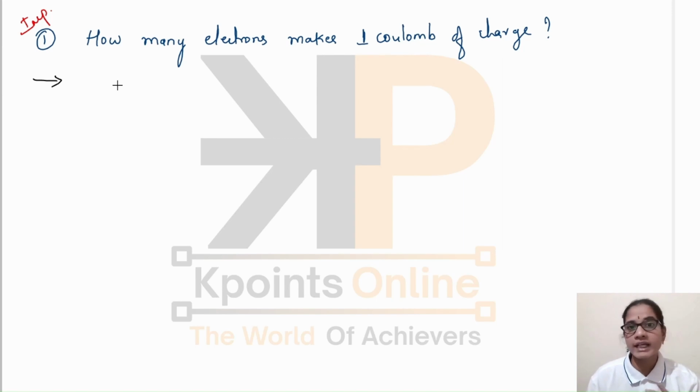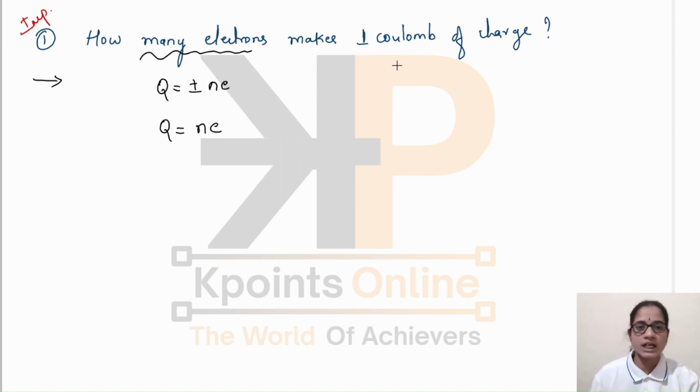So now we have learned that according to the principle of quantization, the value of charge is given by Q is equal to plus or minus ne. Here the charge is positive, that is 1 coulomb. So we can take Q is equal to ne. We have to find here the number of electrons which makes 1 coulomb of charge.